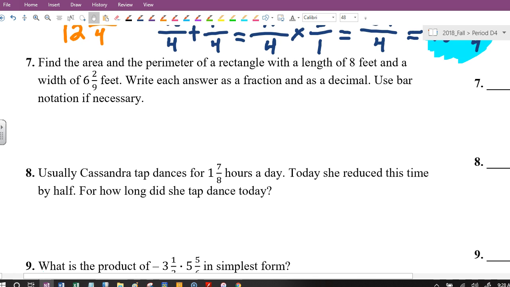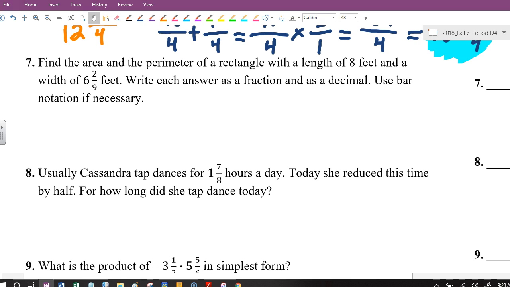Find the area and the perimeter. Ooh, that's an interesting problem. Okay, so we've got 8 and 6 and 2/9. Write each answer as a fraction and as a decimal. Boy, that's 4 answers. My goodness. Okay, let's do it.